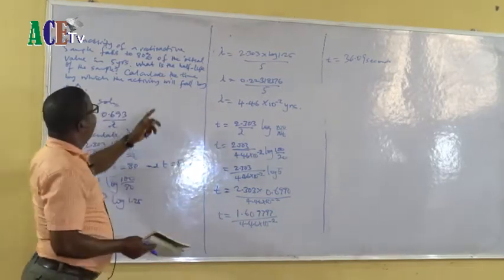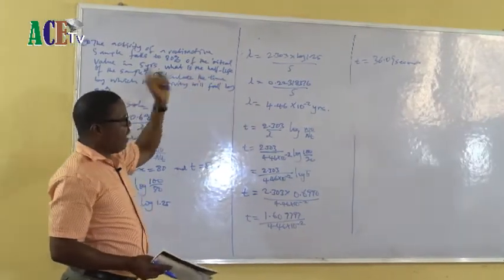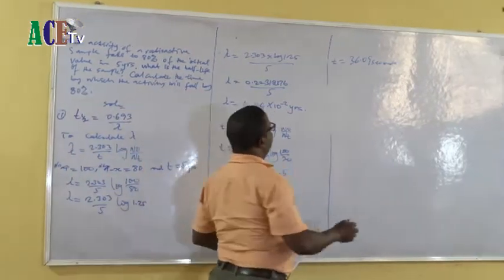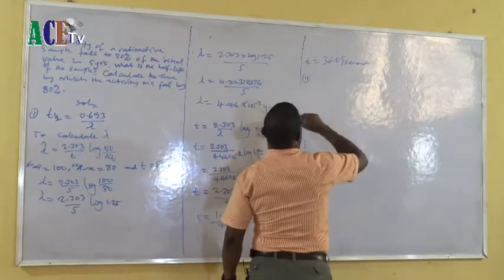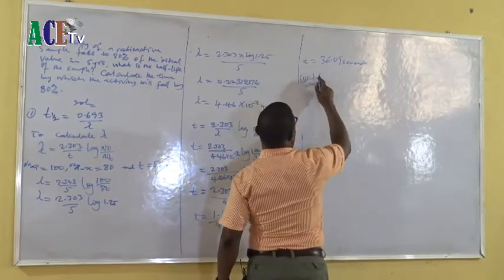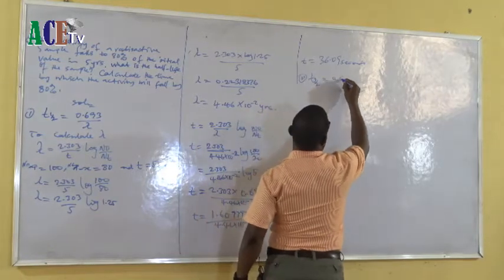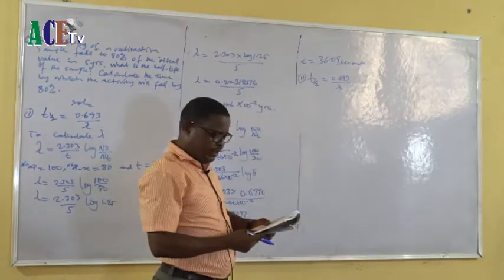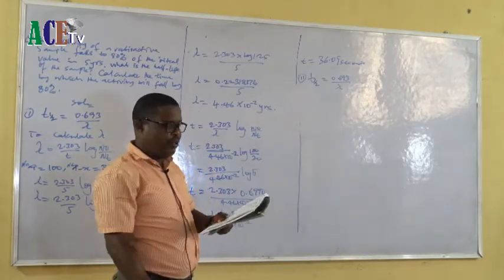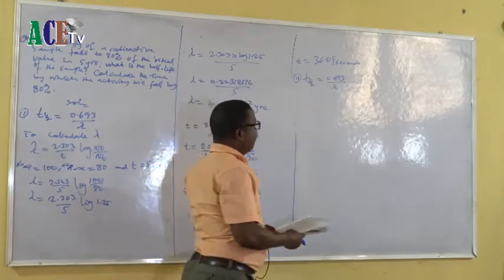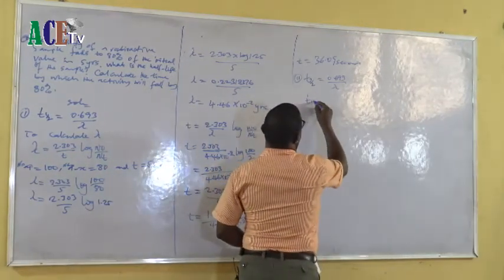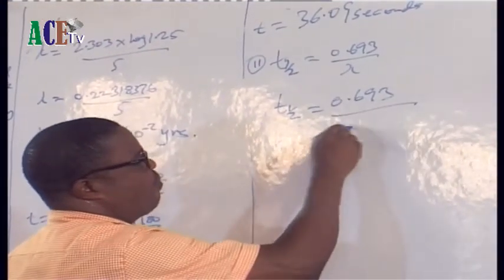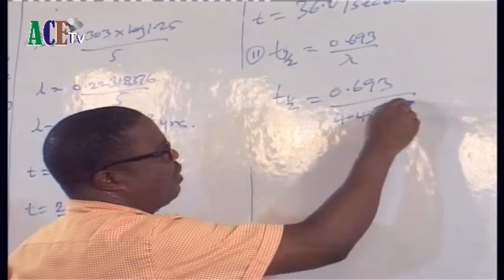And it says, what is the half-life? The half-life, we have not calculated that. That is question 2 there, half-life. We know T half is equal to 0.693 all over lambda. So T half is equal to 0.693 divided by 4.46 times 10 raised to the power minus 2.